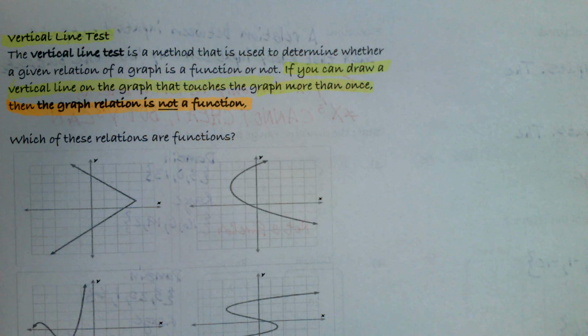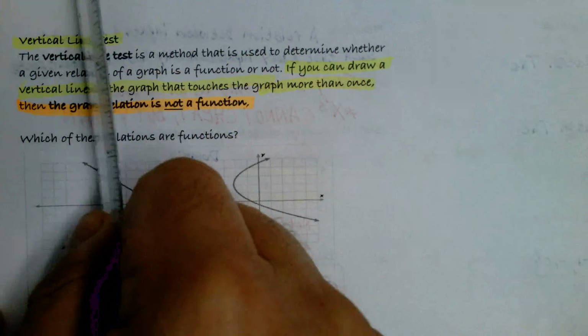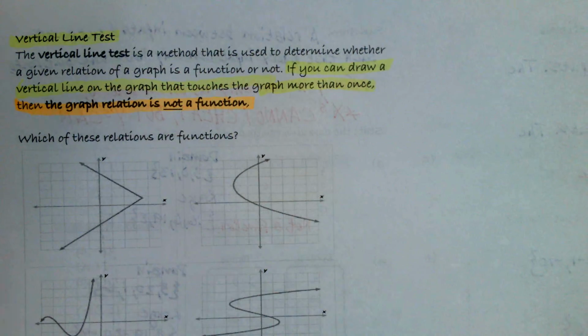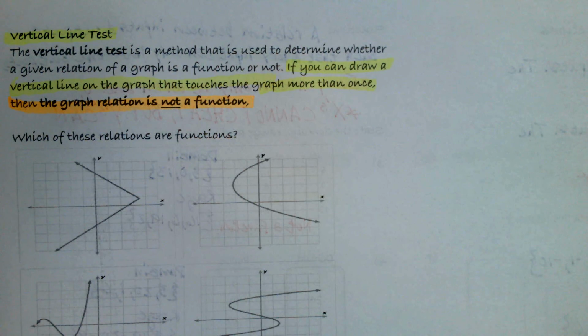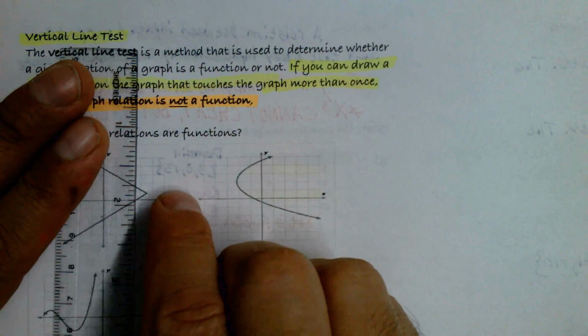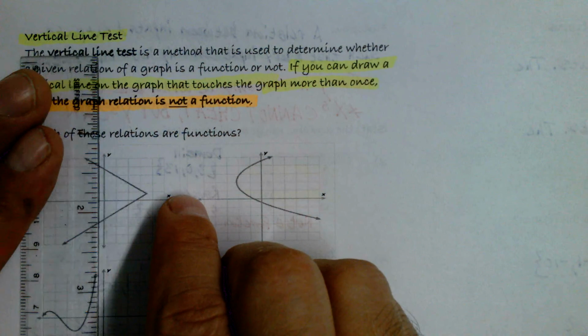It looks like a sideways absolute value graph. Okay, so just by quick observation, is there a location where you draw a vertical line that would touch the graph more than once? Yeah, there's a bunch of them. Pick your point anywhere in here.